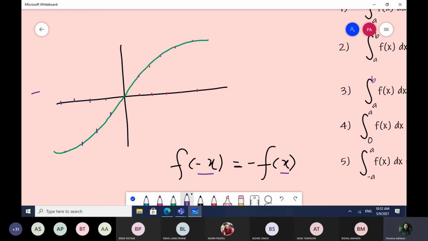Now let's say that this is your minus a and this is plus a. Let's find out the area from minus a to plus a. How much will the area from minus a to a be? Can you tell me?